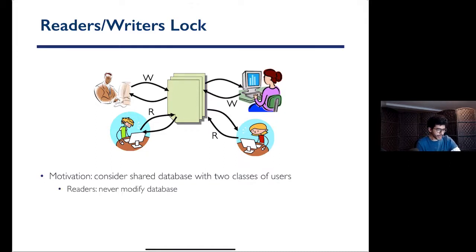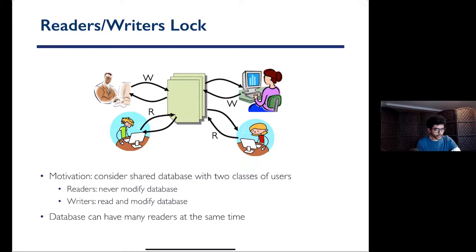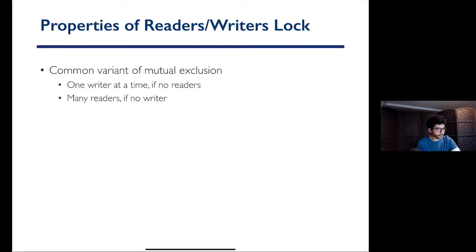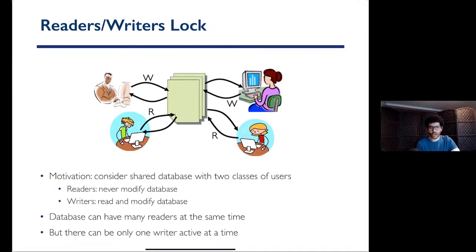Now, what we want is that readers should be able to read as long as there are no writers. So you can have multiple reader threads access the database simultaneously without a data race, because they are just reading and it's safe to read.